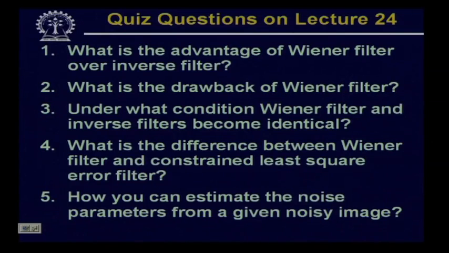Third: under what condition do Wiener filter and inverse filter become identical? Fourth: what is the difference between Wiener filter and constrained least square error filter? And the last question: how can you estimate the noise parameters from a given noisy image or from a given blurred image? Thank you.